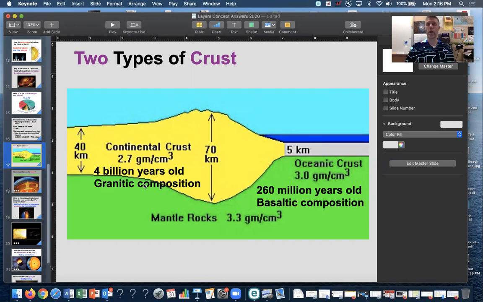And then the dominant rock composition. When we talk about composition, what are we talking about? Anyone? If we're talking about the composition of something, what are we talking about? The nature of something, maybe? Yeah, kind of. It's what it's made up of.